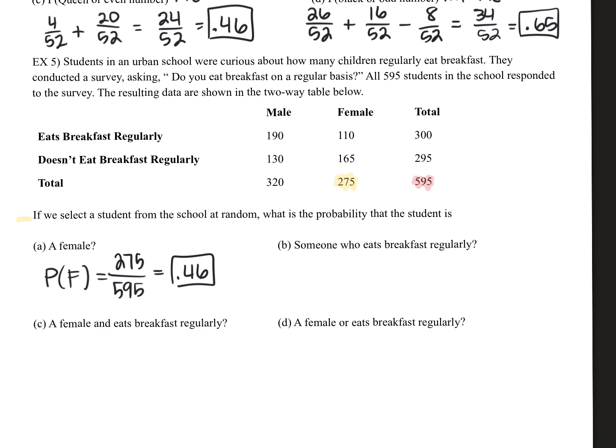Okay. The next question says someone who eats breakfast regularly. So we go to eats breakfast regularly. We go to that total, 300. So probability eats breakfast. So 300 out of 595, which is not exactly 0.5.